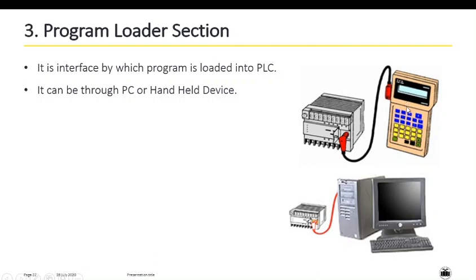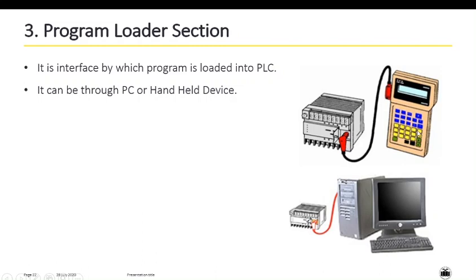Okay, so by pressing these buttons you can select the appropriate command, which you can also see over here, and these commands can be sent to the CPU of the PLC. Okay, so this is a handy device.